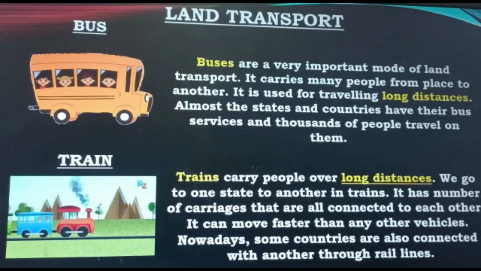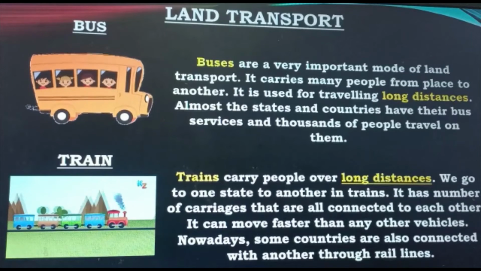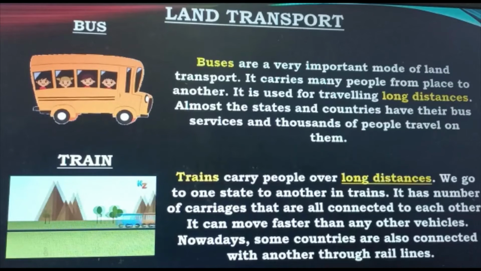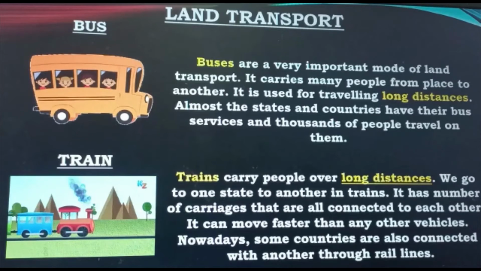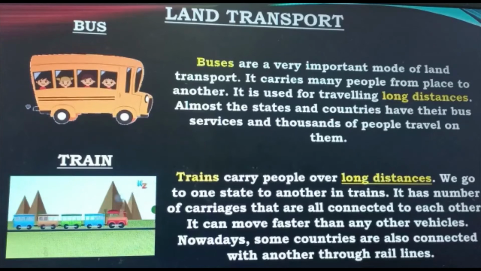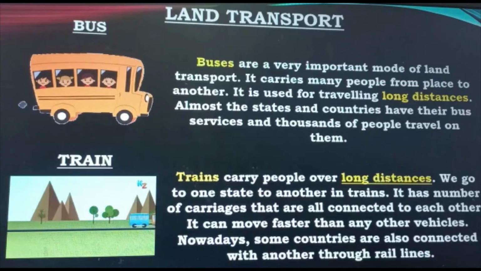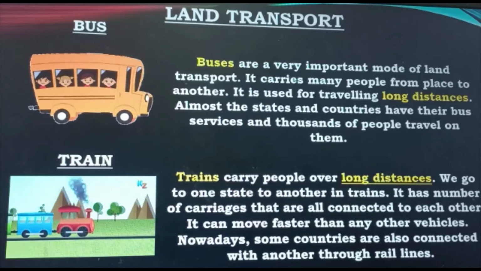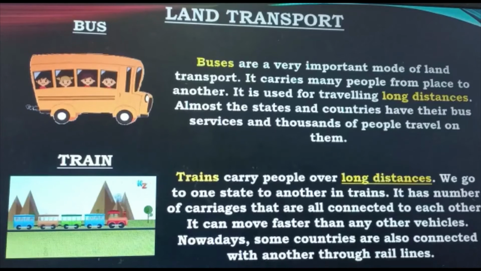And by the way, India has the longest train rail lines. It is recorded in the Guinness Book as well. So it is very well known. All right, so keep in mind that long distances can be covered with the help of buses as well as trains.